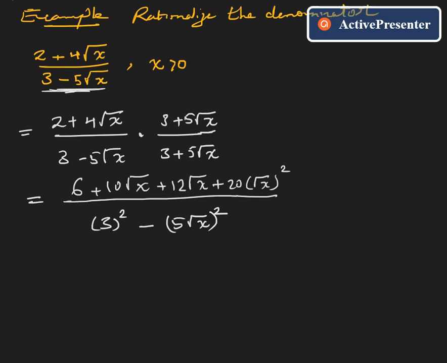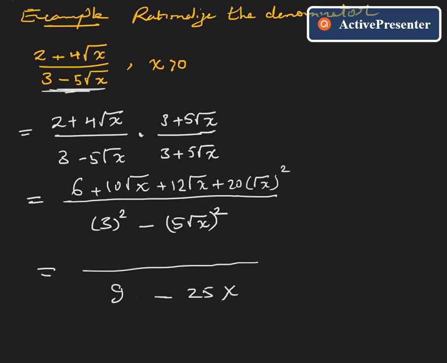Now try to simplify as much as you can. Down here we have 9 minus 25 multiplied by square root of x squared, which of course is eventually x. Now let's go to the numerator.